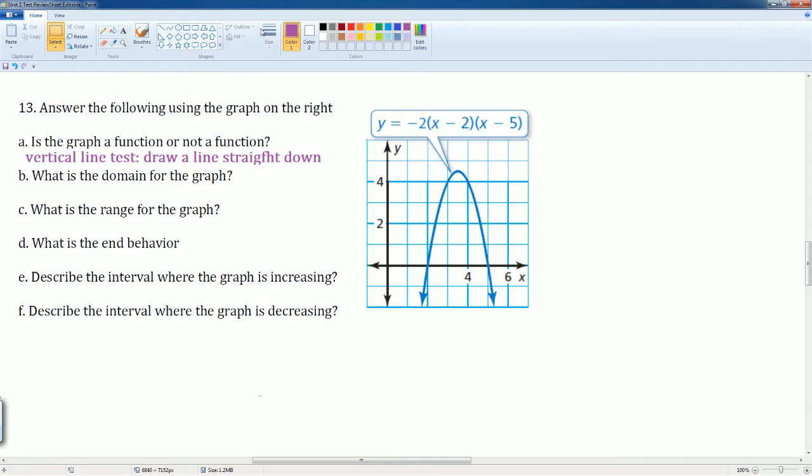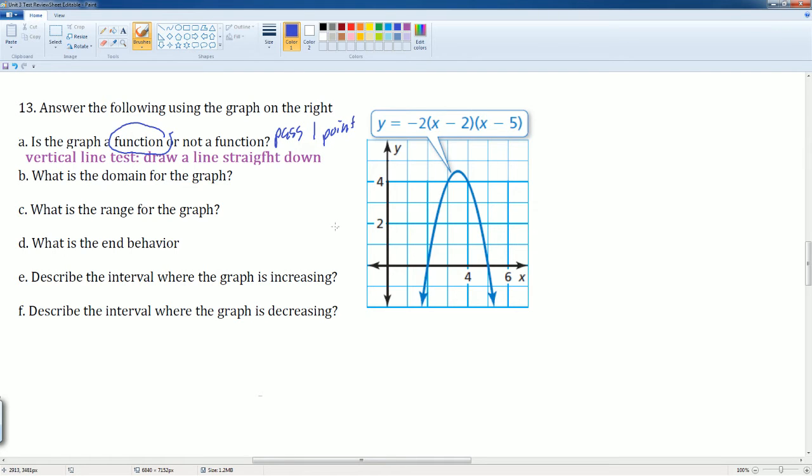So let's draw a line straight down. It only crosses through one point, so we would say it is a function. Here, we can circle that it is a function because it passes one point.